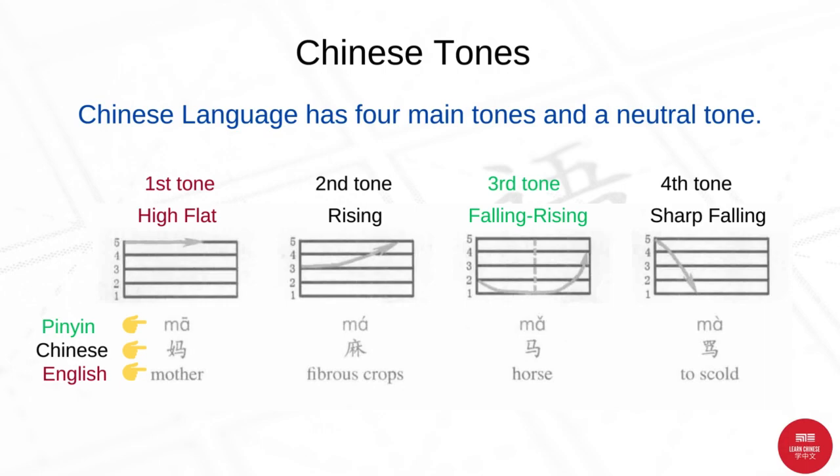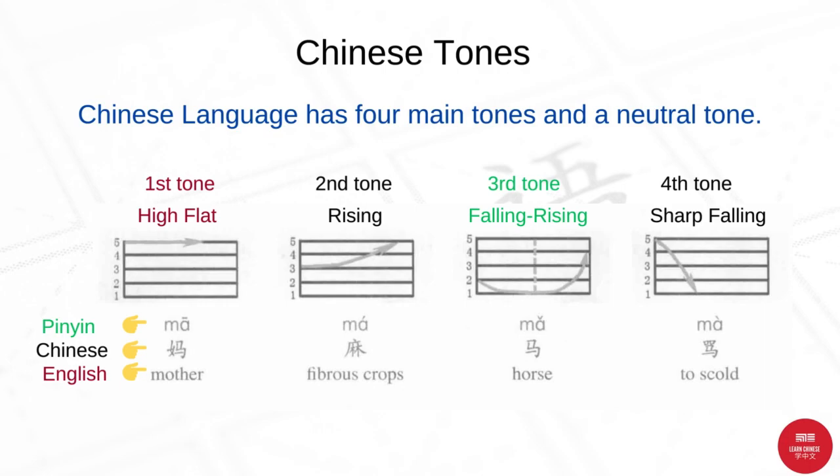If you see the Pinyin just below the diagram, it's all written as ma. But on the alphabet a, there is a marking that denotes the tone. So once a Chinese character's Pinyin is pronounced, the meaning changes as per the tone.